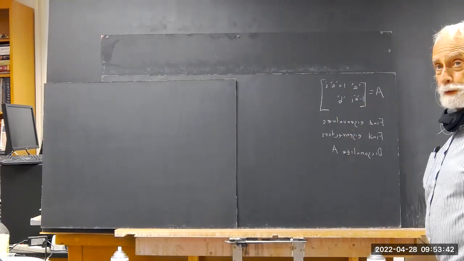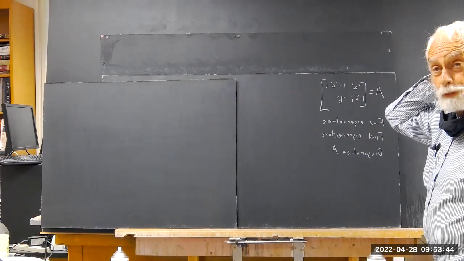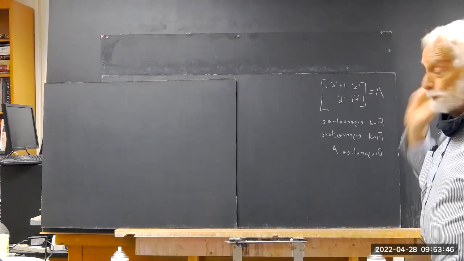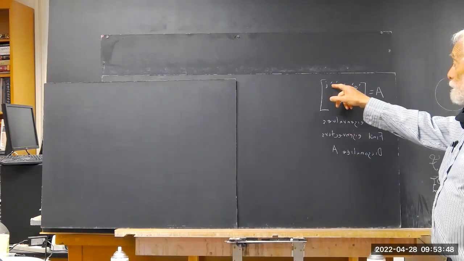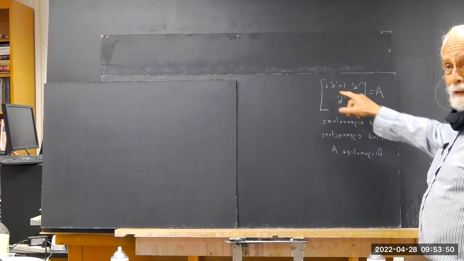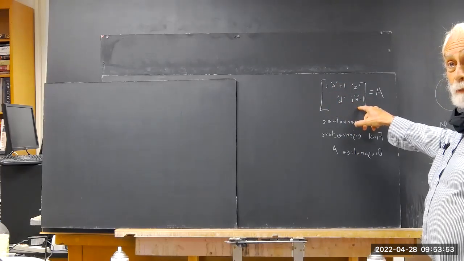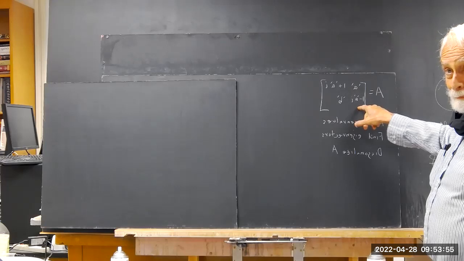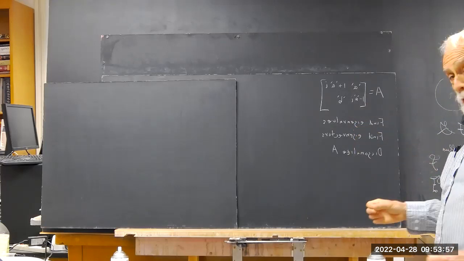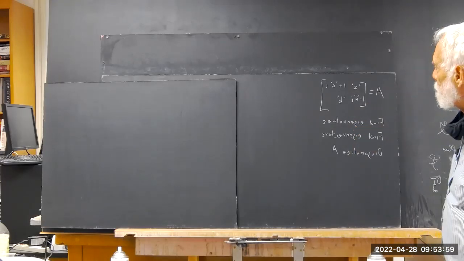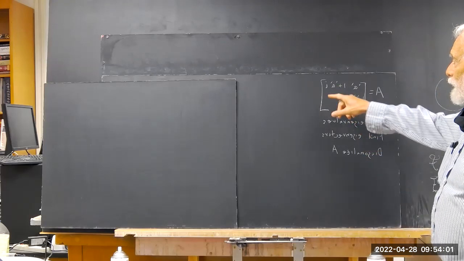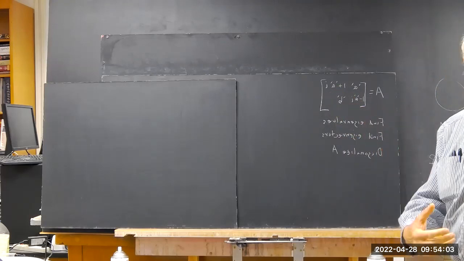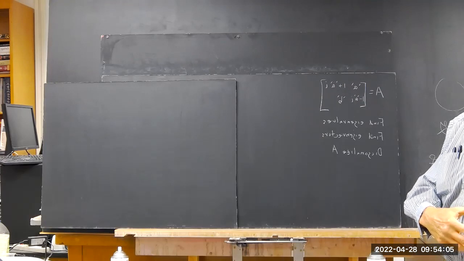This is a Hermitian matrix. It's analogous to a symmetric matrix. For a symmetric matrix, what's above the diagonal has to be equal to what's below the diagonal. For a Hermitian matrix, what's above the diagonal has to be the complex conjugate of what's below the diagonal.